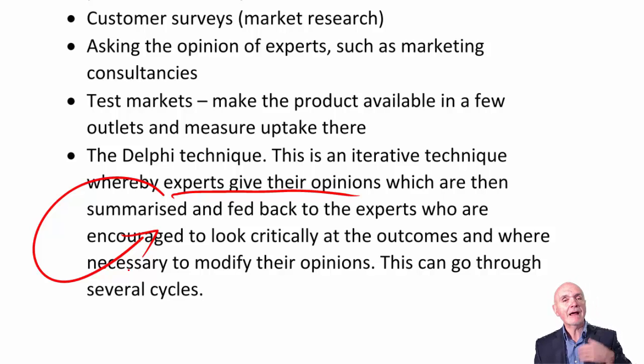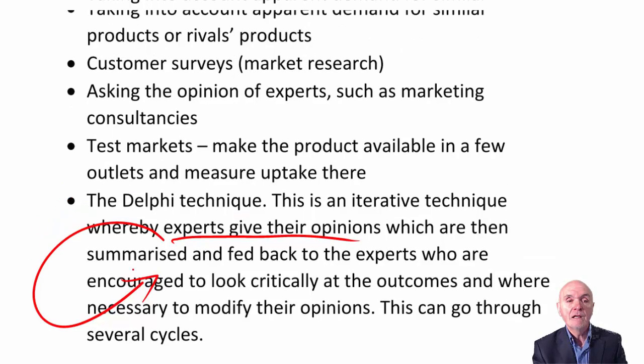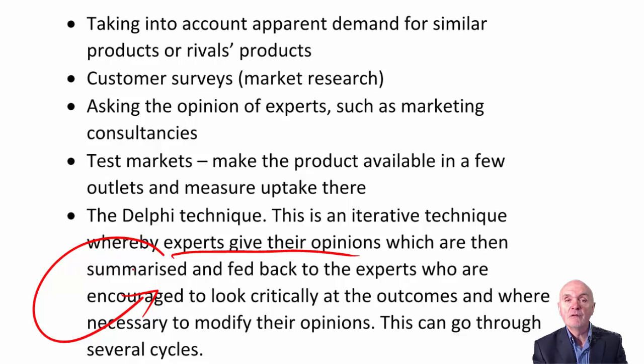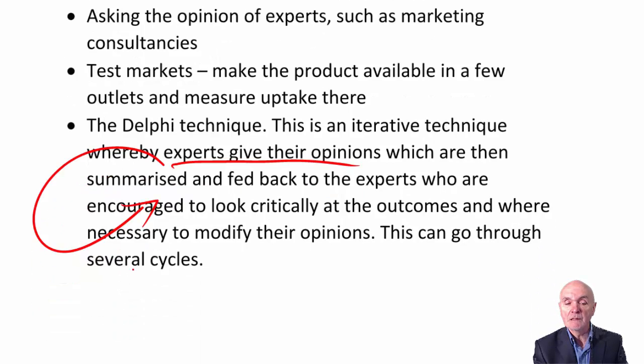And you send it around several cycles until everyone ends up with a figure that they don't want to move any further, that everyone can live with as being a reasonable figure for predicting what the future trends are going to be, where we have very little information coming from similar products.